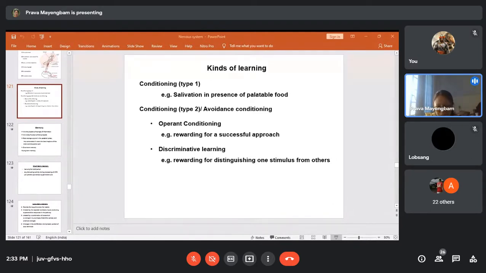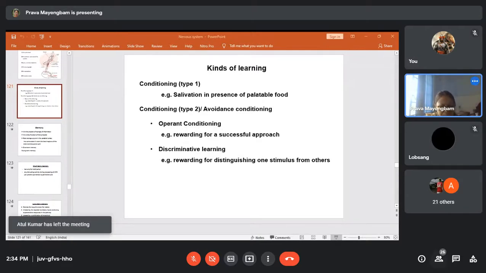This kind of operant conditioning is used much in training dogs or other animals. While training a dog, we teach them to perform an activity, and after they complete it successfully, we give a reward, maybe a pat, or some eatable, maybe a biscuit, maybe a bone to bite.